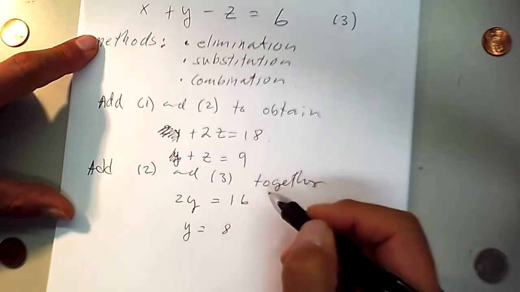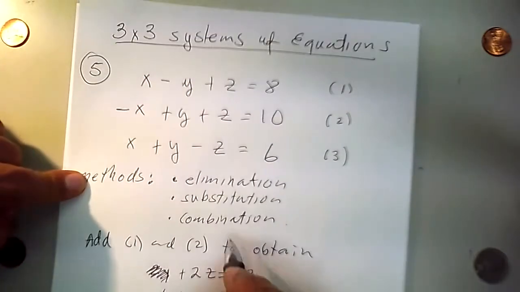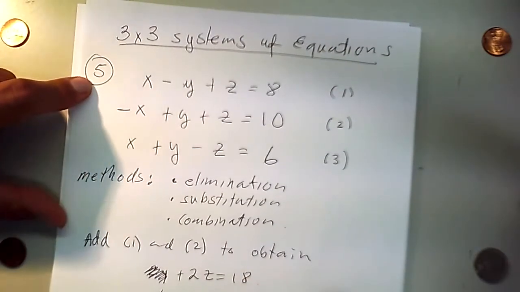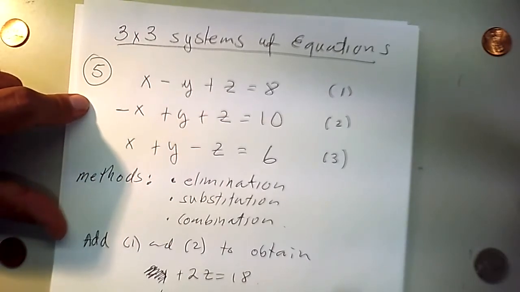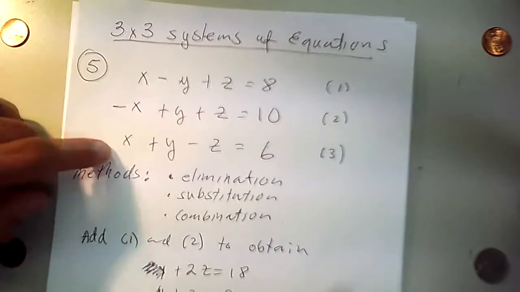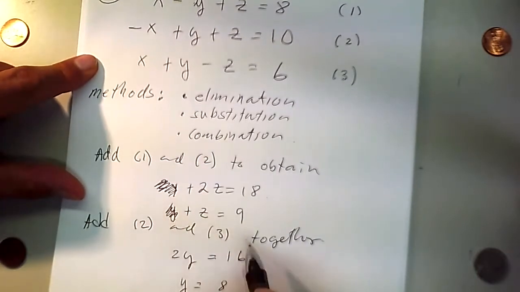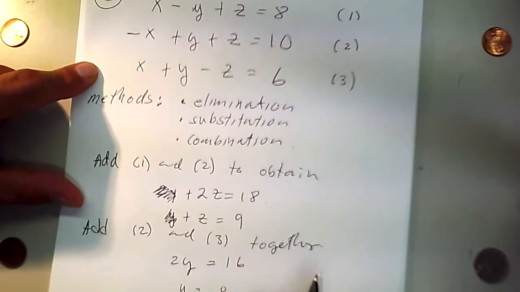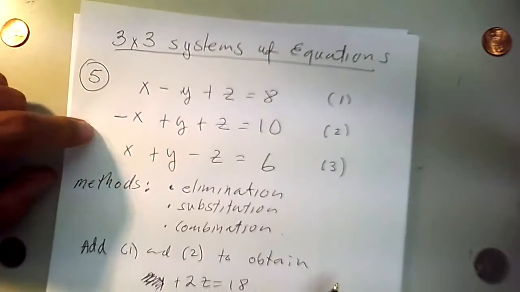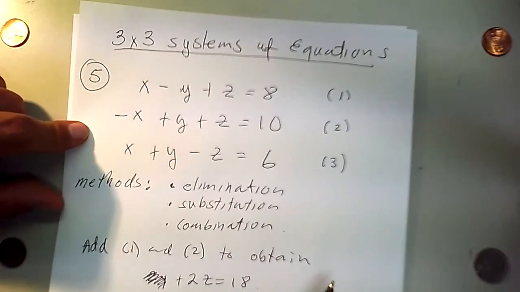And now we can just find x by substituting. So we could use a combination of elimination and substitution. Okay, so we got y equals 8, z equals 9, and x.